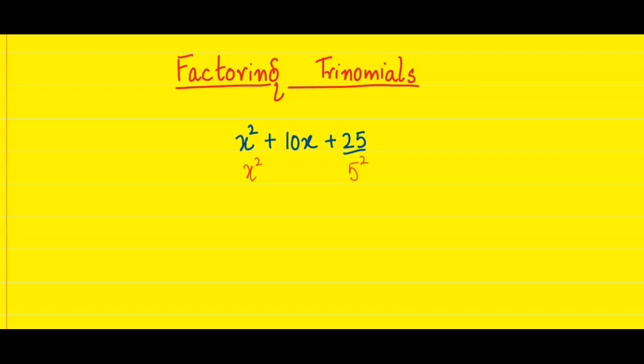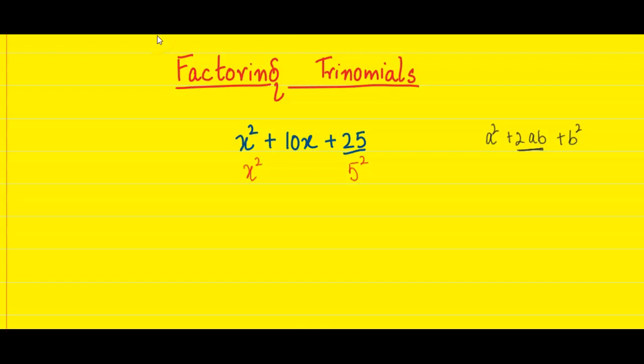So we have to compare this with the identity a square plus 2ab plus b square. So we need to check whether the middle term can be broken up as 2 into a into b. Here a is x and b is 5 and we have 10x as the middle term.